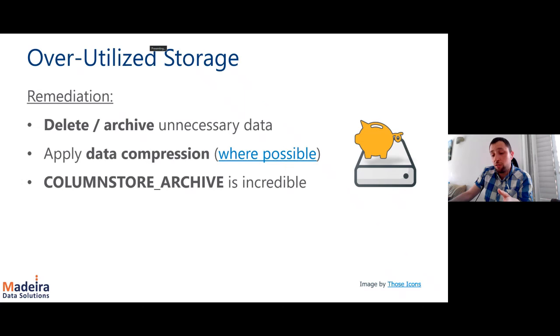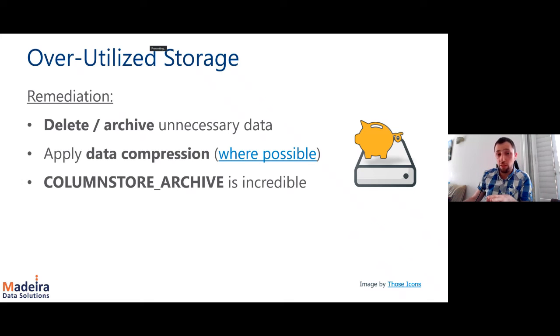Apply data compression where possible. If you have a recent enough SQL Server version, you should consider it for data that you don't need to access frequently, but the table is very large, like historical tables and so on.